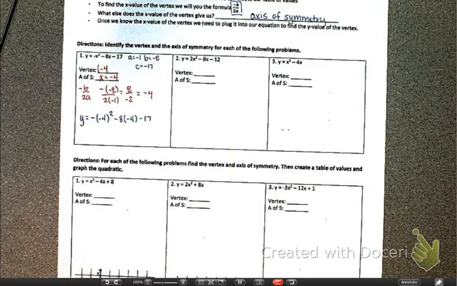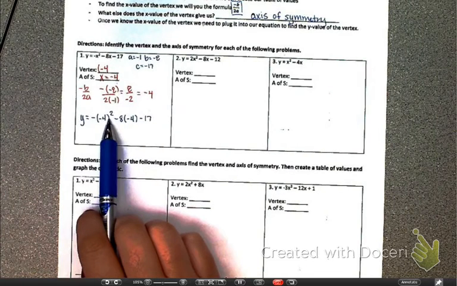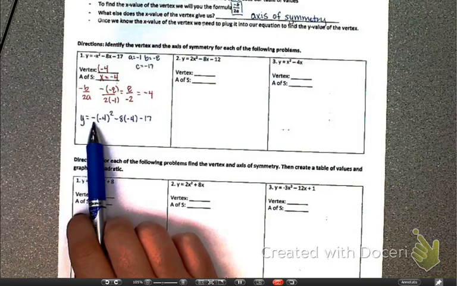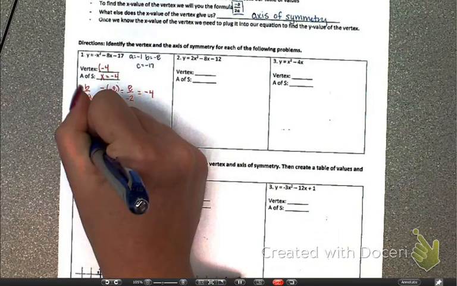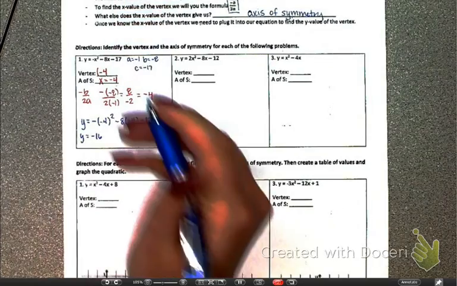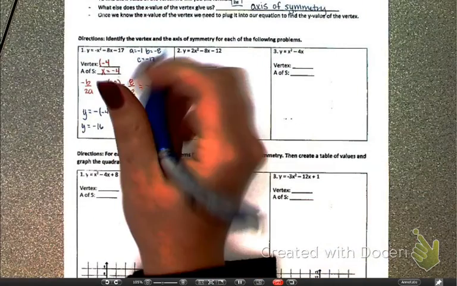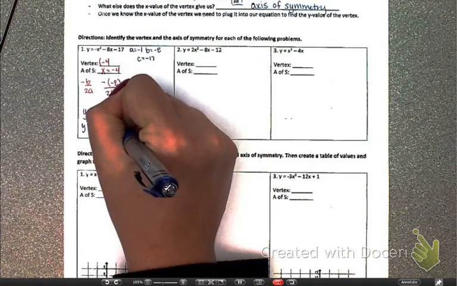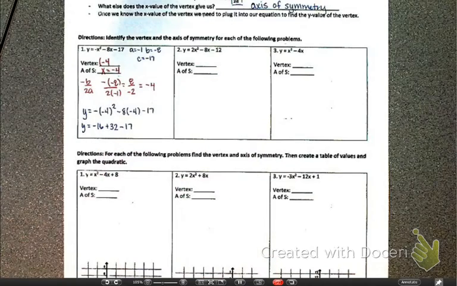Now I'm going to use order of operations. What is negative 4 squared? 16. But there's this negative out front, so it's really a negative 16. Negative 8 times negative 4 is positive 32, minus that 17.